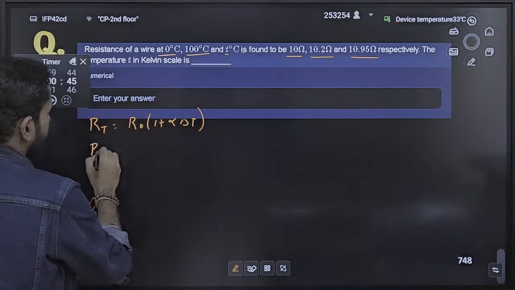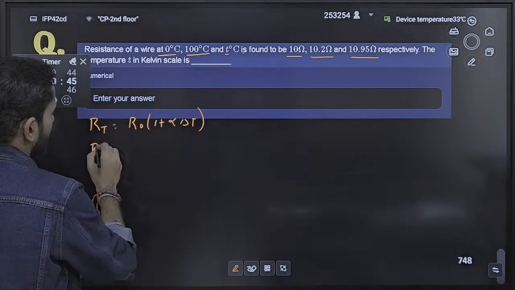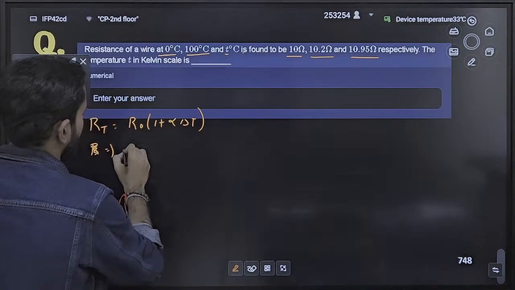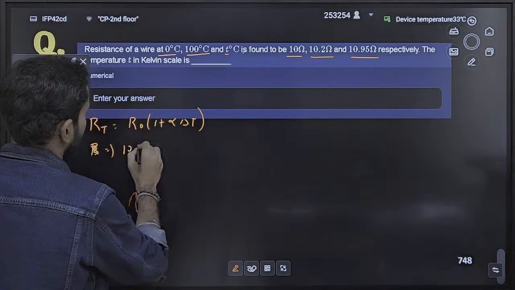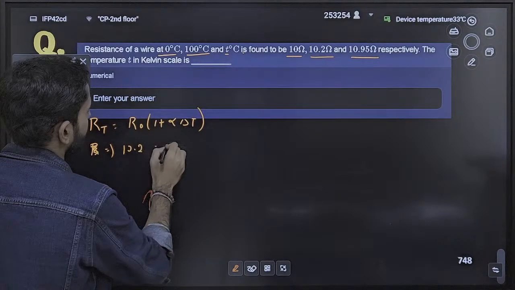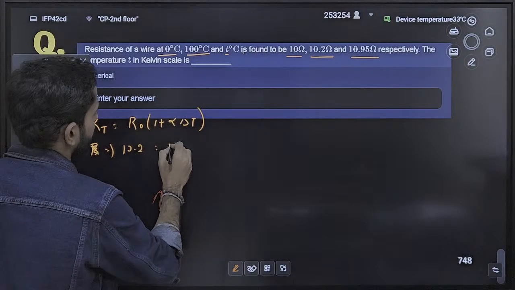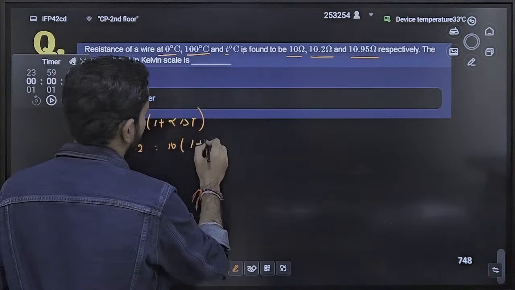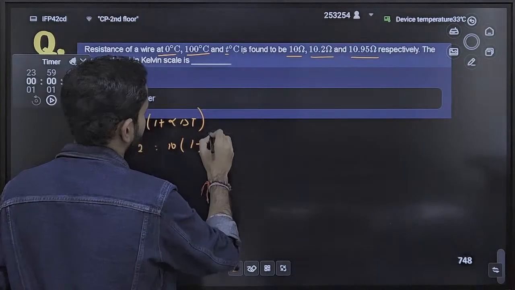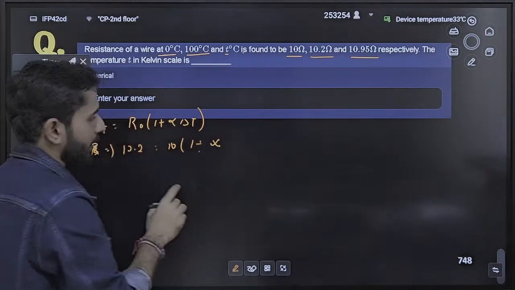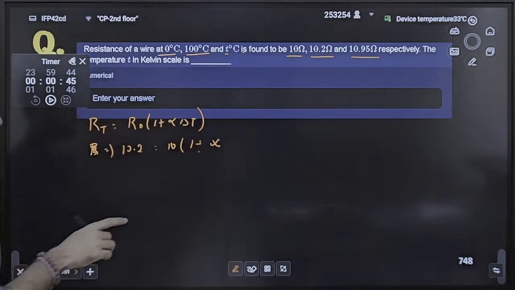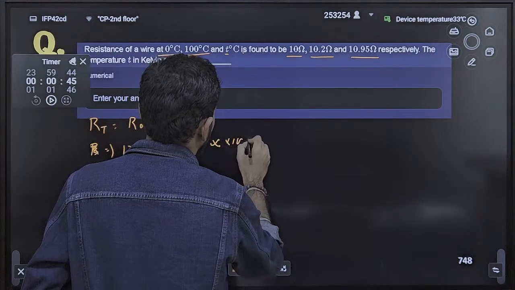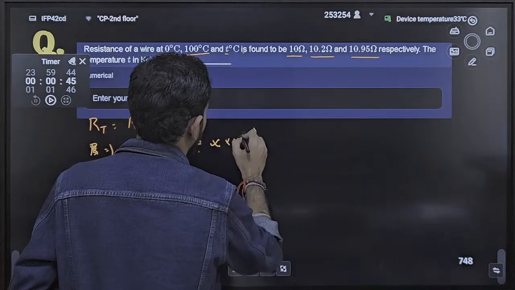Directly I will write the value of RT, that means 10.2, is equal to R naught, 1 plus alpha delta T. Delta T means I am taking the reference from 0 degrees, that means now it is 100 degrees Celsius, so delta T will become 100.